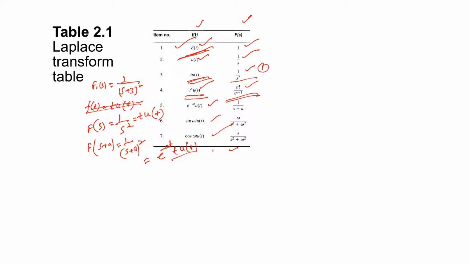We have used both these things in that. First this one and second the frequency shift theorem, and finally we are getting the value as, since in this case a is 3, finally we will get e to the power minus 3t, t u(t).